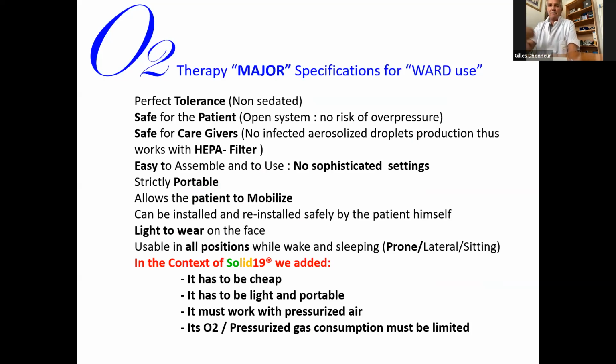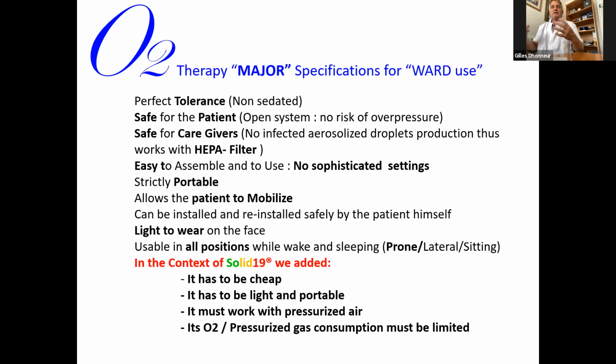There's never leak on the mask. It must be safe for the caregivers, which means that some oxygen devices are delivering such massive flow of oxygen that some droplets may drop out when they are breathing. When you put the Optiflow, you have 60 liters in the pharynx.